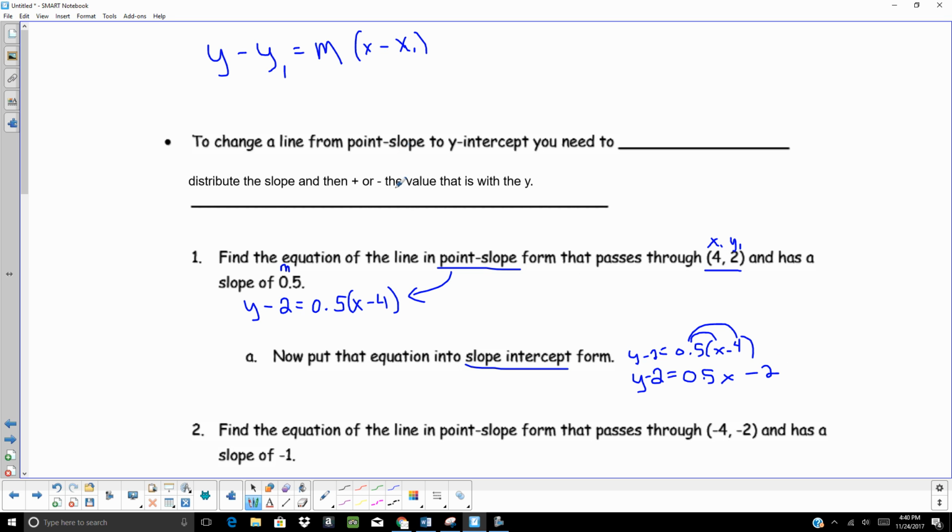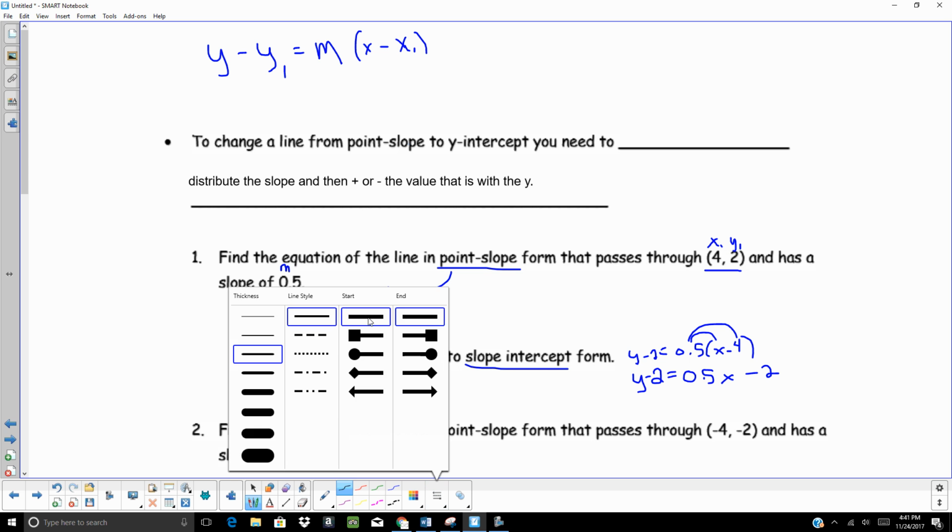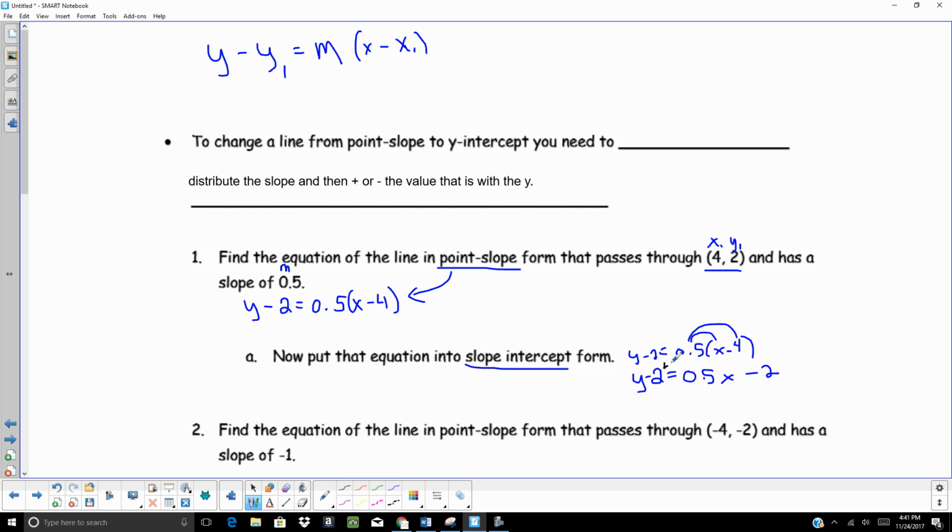And it says it needs to add or subtract the value that's with the y. Well, in this case, I have a minus 2, so I need to plus 2. Well, it looks like that's going to cancel everything out. And what happens is I'm going to be left with y equals 0.5x. What that means is when it cancels out, my y-intercept is 0.